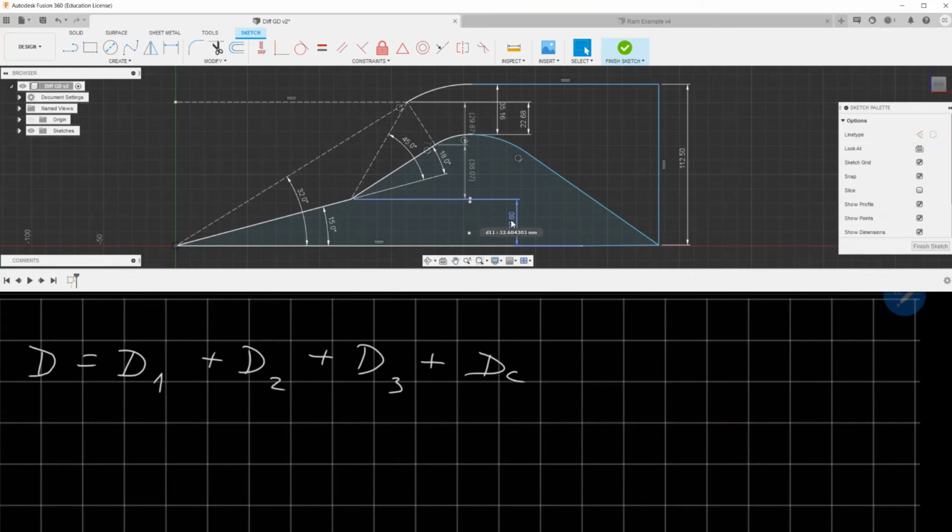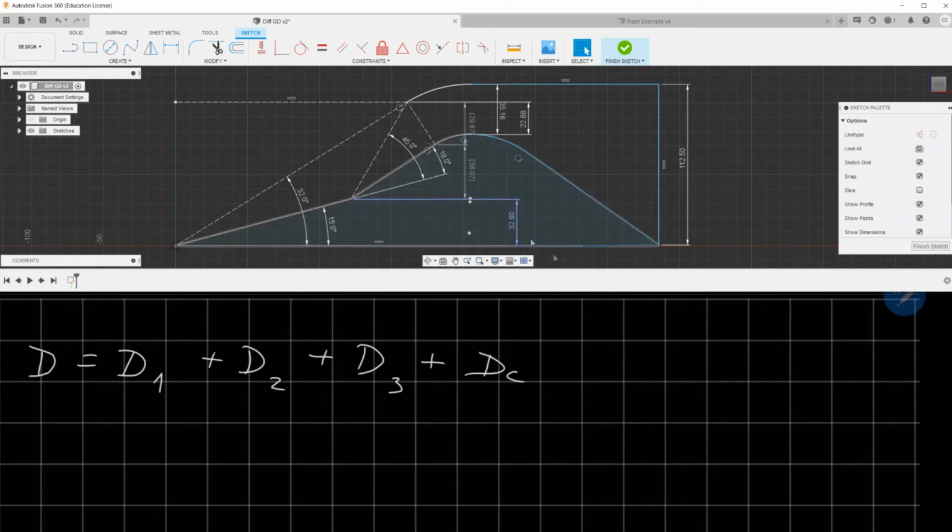One will be horizontal, which is drag, and the other one will be vertical, which is the lift. Since our body is symmetrical, we will have two lift forces of equal size but opposite direction. So the resultant lift will be equal to 0, and we have just a drag.